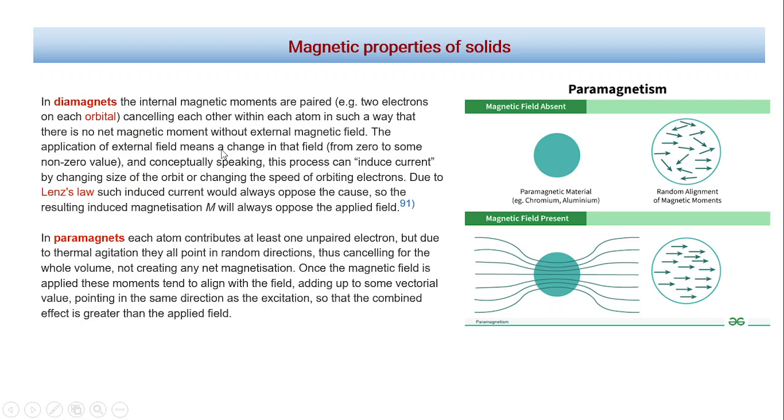So diamagnetism is a type of magnetization which is present in actually all the materials, because its origin is the orbital angular momentum.